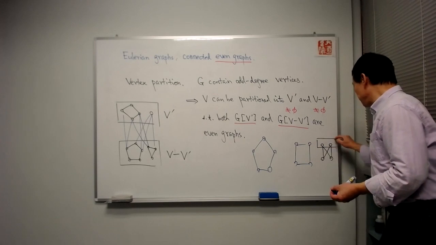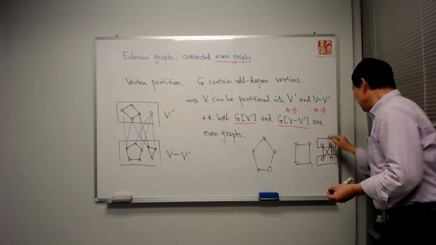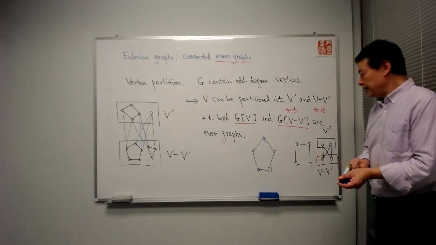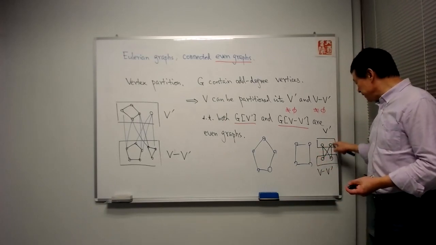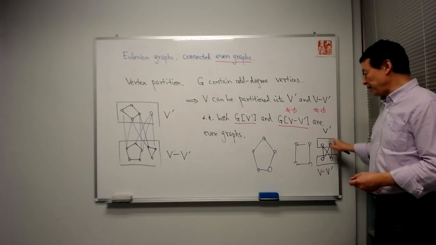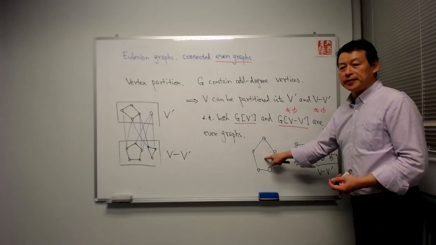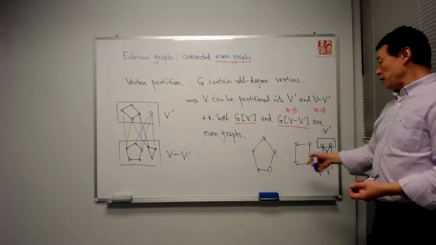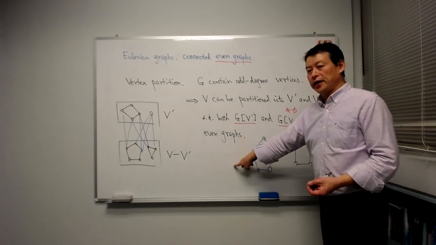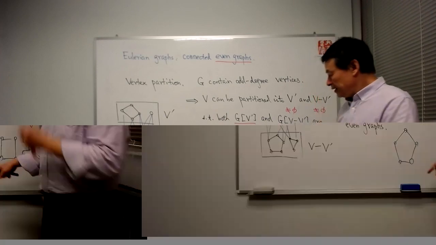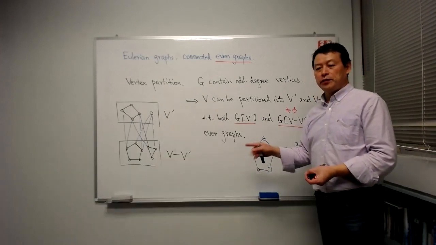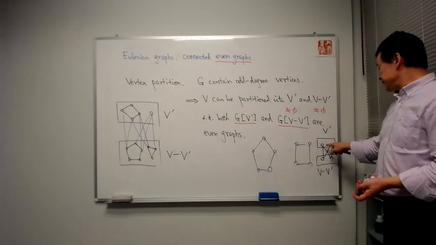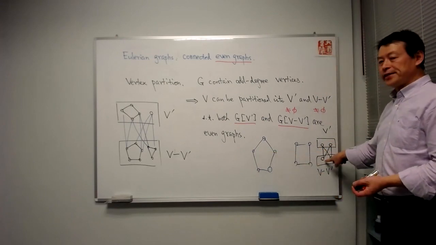Here is V prime, here V minus V prime. So inside, degree 0, degree 0, degree 0, degree 0. So it's possible. But for the 5-cycle, it's impossible because it alternates. Because the length is 5, if we put 2 here, then I have to put 3 on the other side. Then we'll see that there will be an edge in one of the parts. So it's impossible to partition that into isolated vertices here and isolated vertices here.